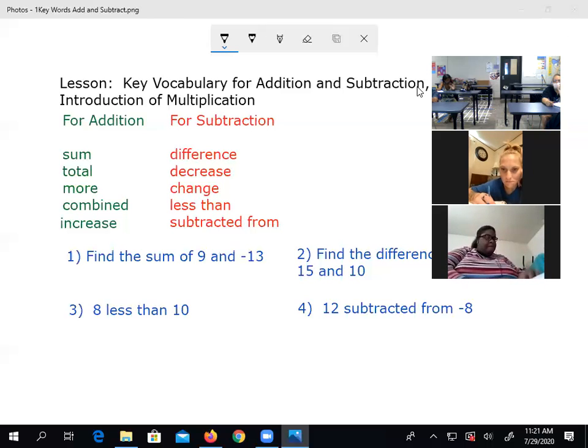So the word difference is going to imply subtraction. A lot of times where I hear that is with ages. A lot of people like to date, and you may be dating a person who's 35 and you're 30.